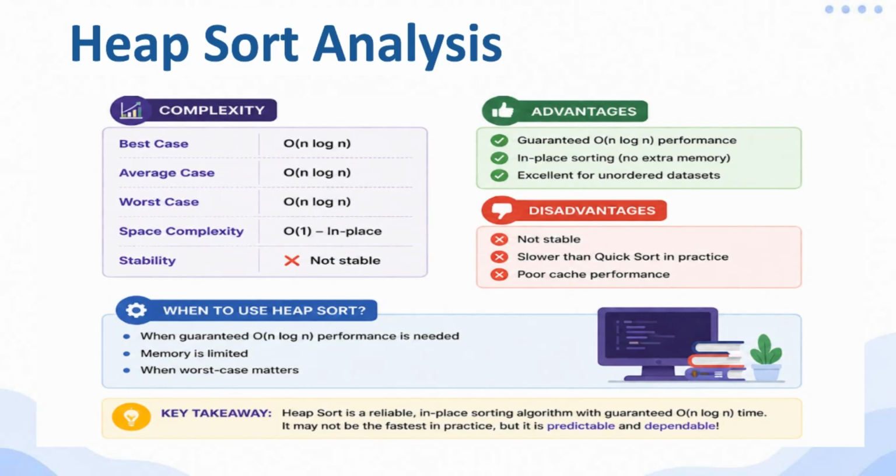It's also excellent for unordered data sets. And the disadvantages: it is not stable, it is slower than quicksort in practice, and it has poor cache performance. And when to use heap sort? When guaranteed O(n log n) performance is needed, when memory is limited, and when worst case matters, you can use heap sort.